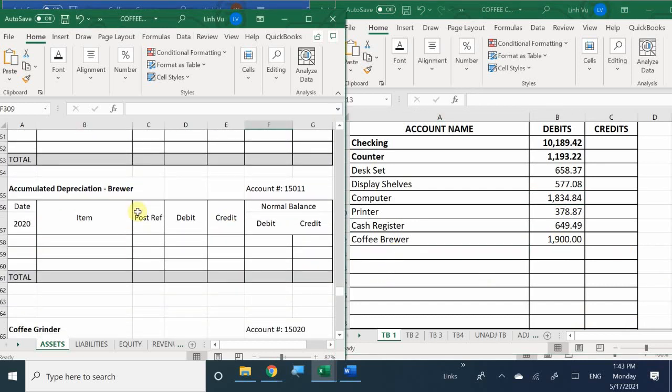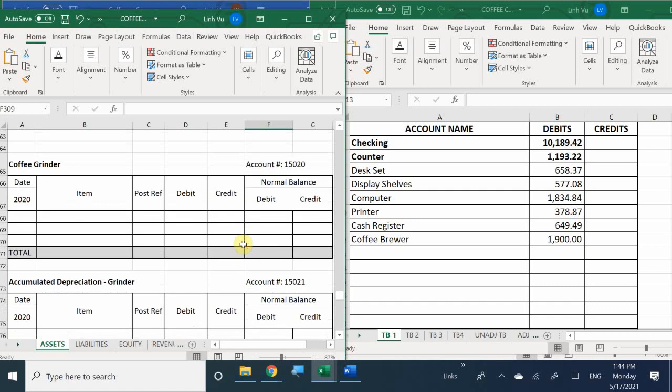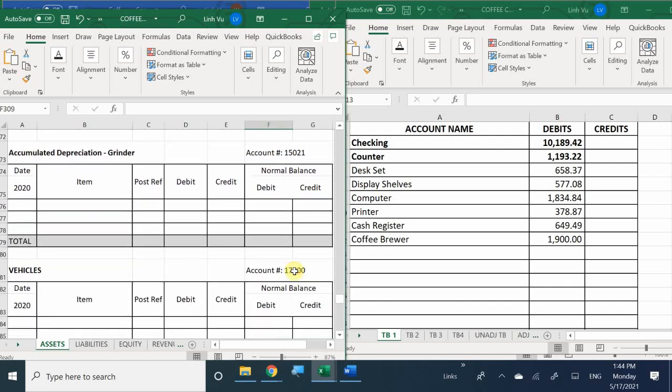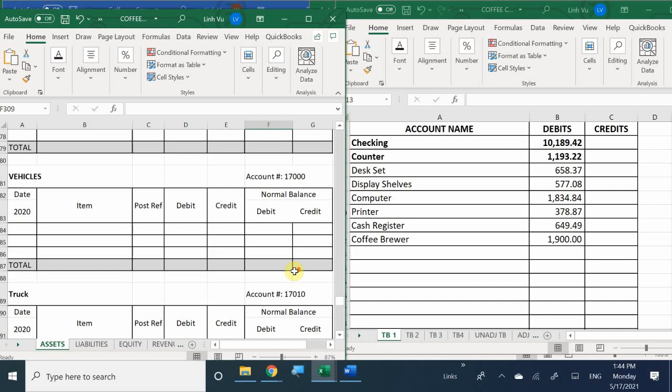Right. No accumulated depreciation. Right? And did we actually acquire a coffee grinder? No, we haven't received it yet. We still have the purchase order for it, but we haven't received it yet. Okay?